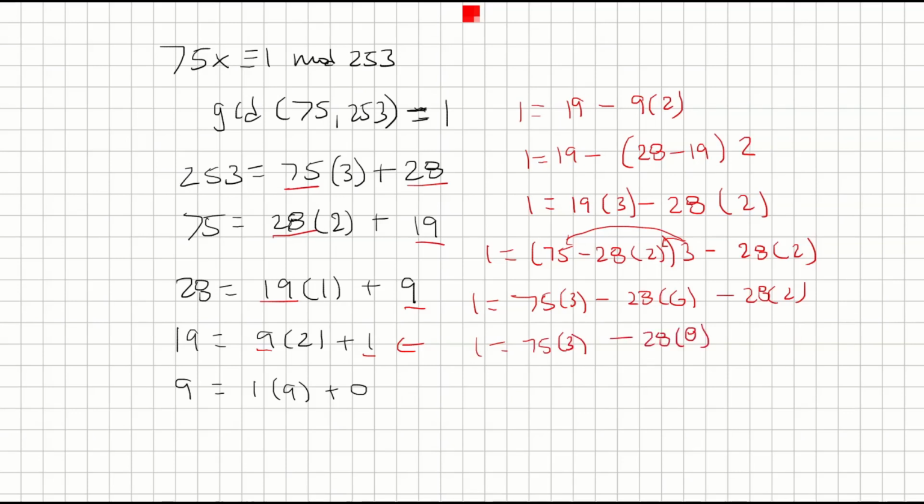And then that brings me to the first step here, which I need to solve for 28. 28 is 253 minus 75 times 3, and then times 8. So I have 75 times 3, and then minus. So now I'm going to distribute the 8 with the 253.